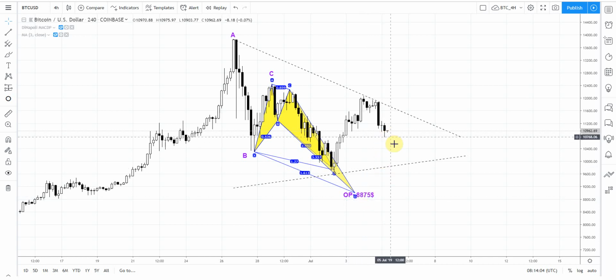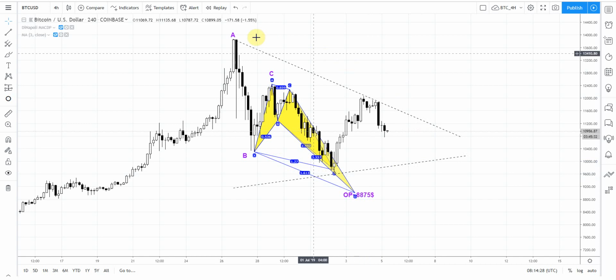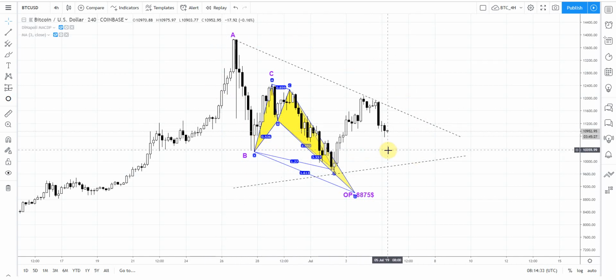But if on the way down, you see that the market suddenly stops above the lows of this D point of the butterfly, or lows around 96.60, and then shows some upward action, it means that we're turning to a triangle consolidation, and the triangle in the current situation is a continuation pattern, and it will suggest the second scenario. It means that the market will show upward action and an upward trend.